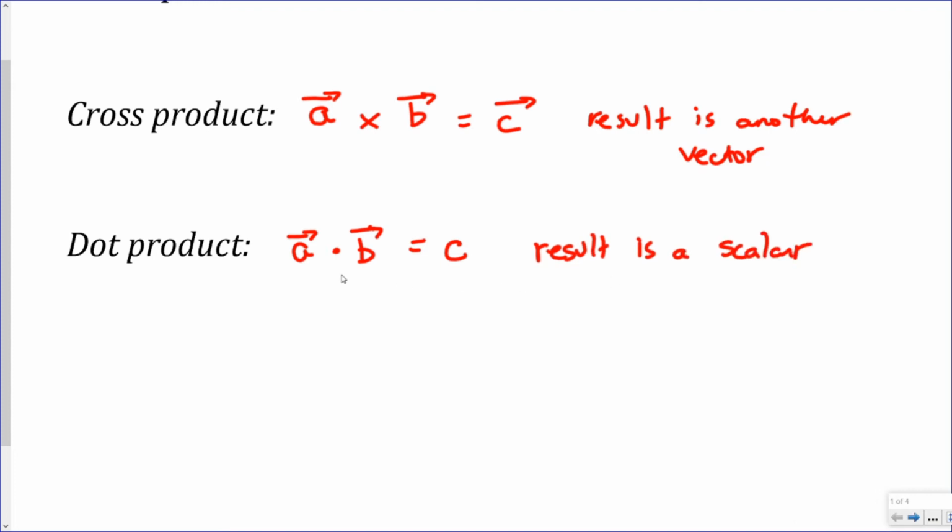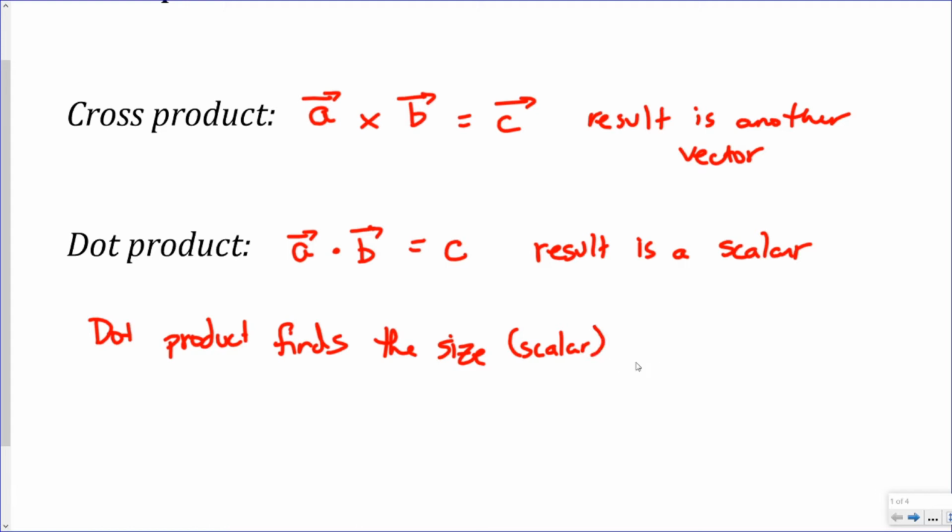And no, that doesn't just mean that we're going to forget about the direction and do the exact same thing. Dot product is a little bit different. So what dot product actually does, so let's write in here, dot product finds the size, and when we say size, we're talking about a scalar of the product. So far sounds the same, right?